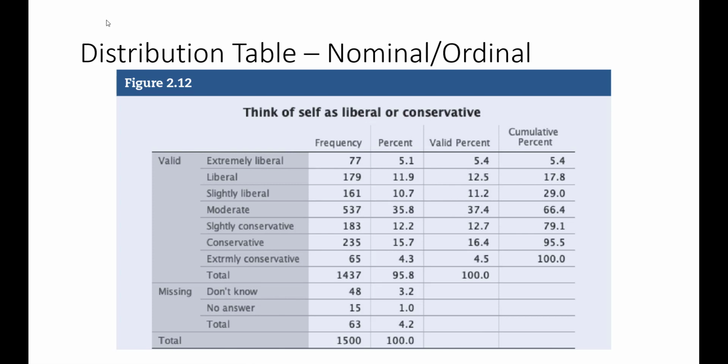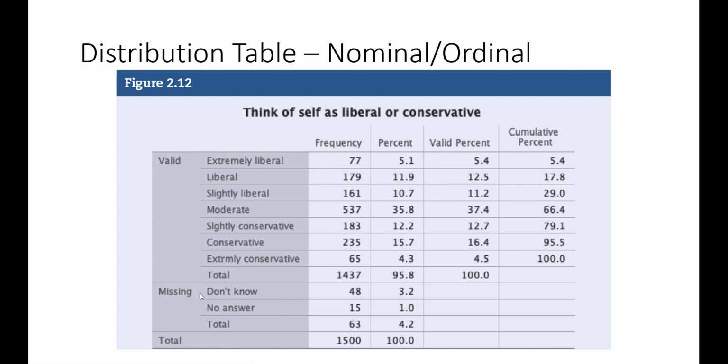The first column we have is the variable categories. The categories for this variable, which is think of self as liberal or conservative, are extremely liberal, liberal, slightly liberal, moderate, slightly conservative, conservative, extremely conservative, and then we have a total number of cases here.